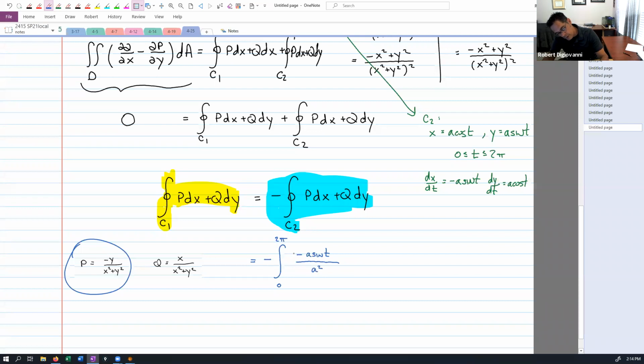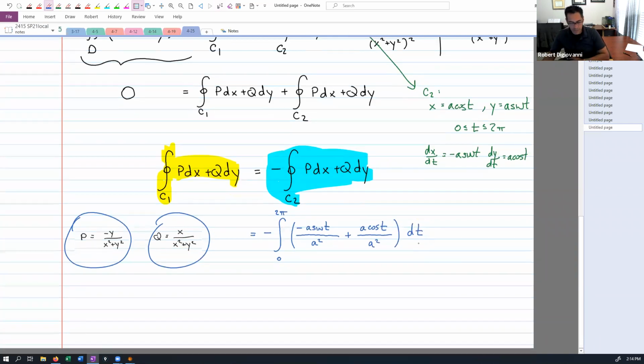Okay. Plus, now let's do the Q. Q is this one. So on the top goes x. X is a cosine t, all over the bottom, which is, again, a squared, dt.